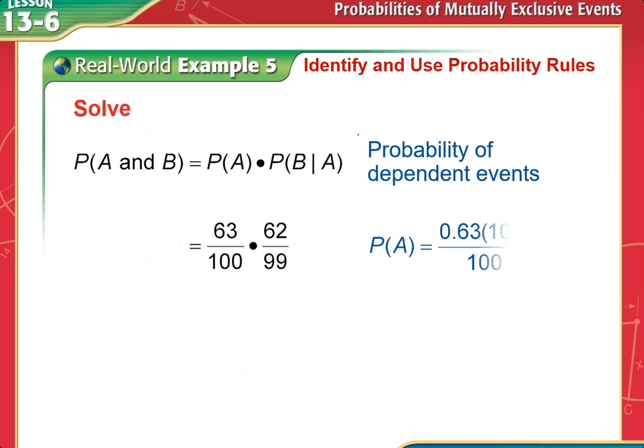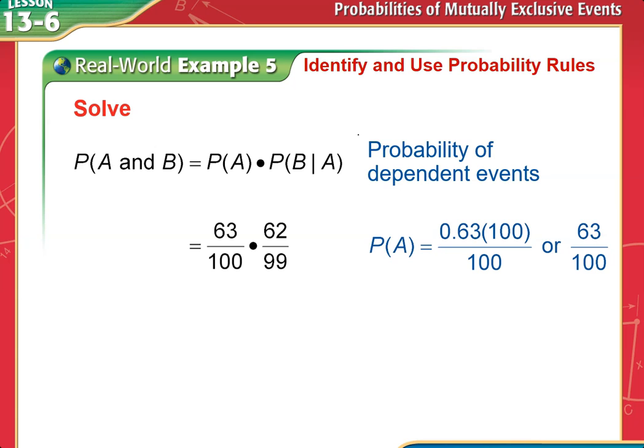So what we have is 63 out of 100. That's the chance the first one does have a pet. And if the first one chosen does have a pet, then we're going to choose the second student from a smaller group, 99 students, and only 62 of them would then have a pet.